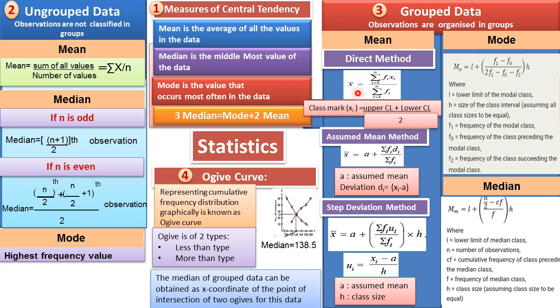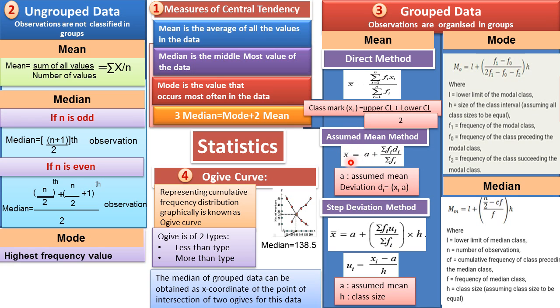This is the formula to find the mean by direct method, where f is the frequency and xi is the class mark. The upper class limit plus lower class limit divided by 2 gives us the class mark xi. Then how to find the mean by assumed mean method?